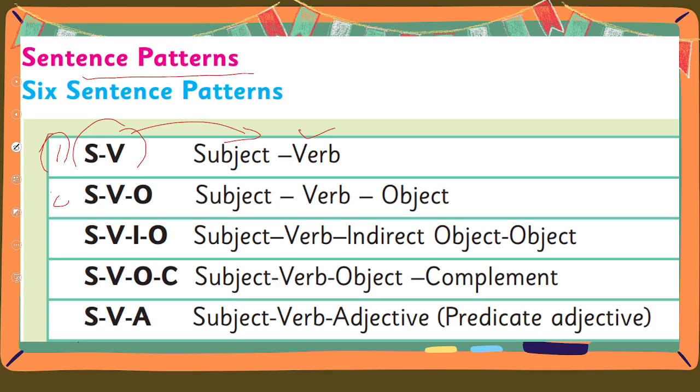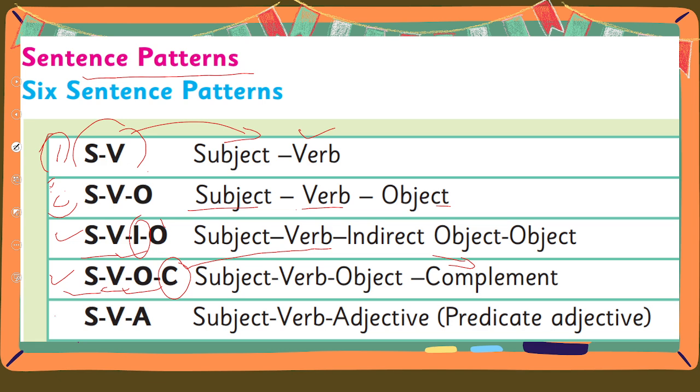Then we have SVO, subject, verb, and object, subject, verb, and indirect object, and also direct object. Then we have subject, verb, object, and C stands for complement, which is the part of the sentence that completes our sentence and makes it logical and makes sense.